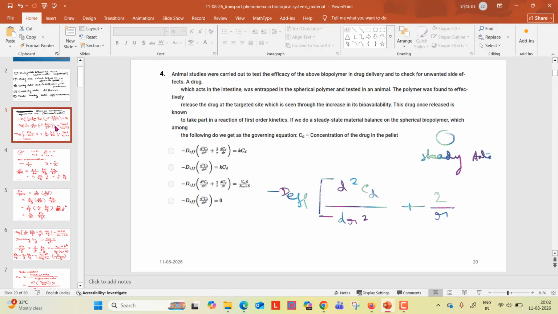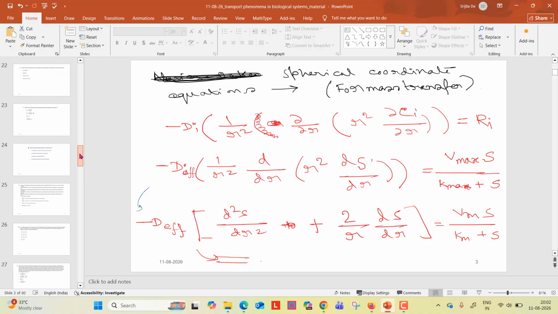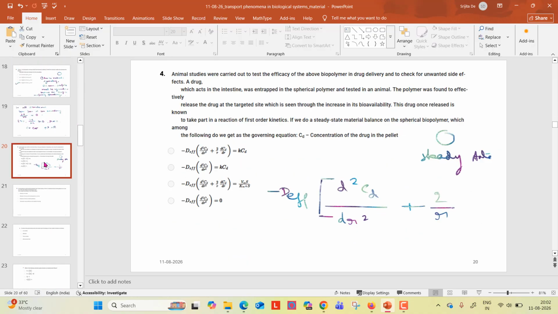From here to here, how is it coming? It is coming like this. So 2 by r dCD dr equals to, there it was an enzymatic reaction. The substrate was going through an enzymatic reaction, right? But here it is not any enzymatic reaction.